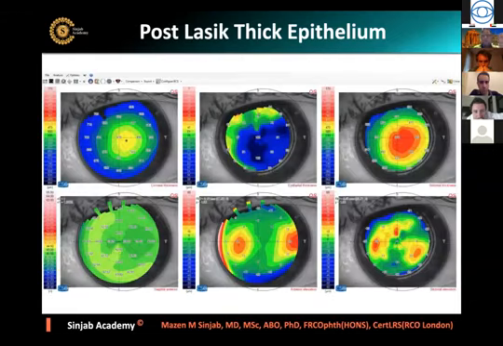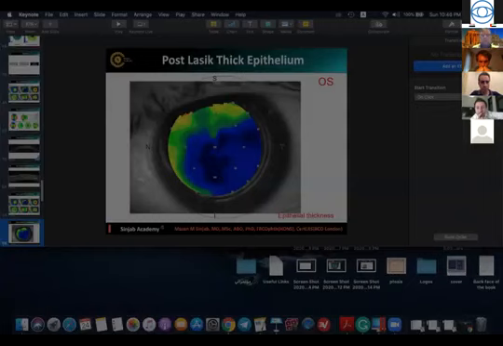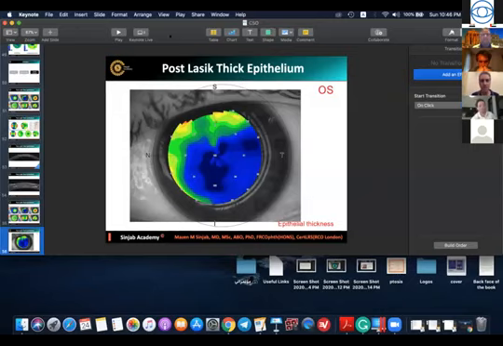So this is the map again. The epithelial map is very thick, but it seems that most of the flap is epithelium. And the patient is suffering from high order aberrations. So what to do? I will start with Dr. Shadi. What do you think, Dr. Shadi? What to do? Mazen, can you show me again the OCT photo?